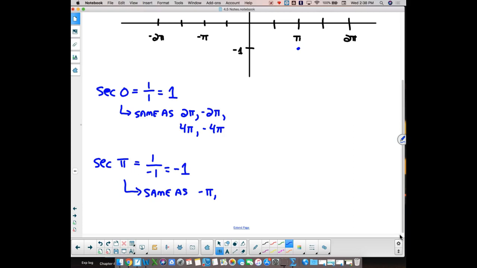Not negative 3 pi over 2. Where else is secant equal to negative 1? Pi, negative pi, 3 pi, 5 pi, negative 3 pi, negative 5 pi, the odd pi's, right? Okay. So it's positive 1 at the even pi's, it's negative 1 at the odd pi's.